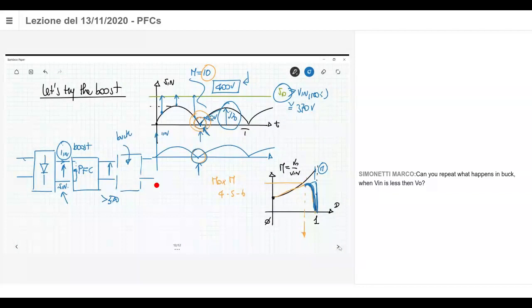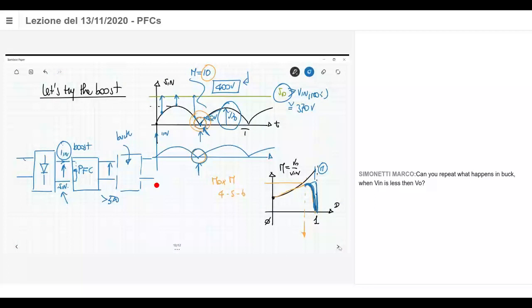If you know that your application has a constant DC input voltage, you don't over-design your boost just to have a larger factor M, because you would be using more expensive, larger, heavier components. If you know the input voltage is always constant, design your boost for that specific situation, not over-design it.